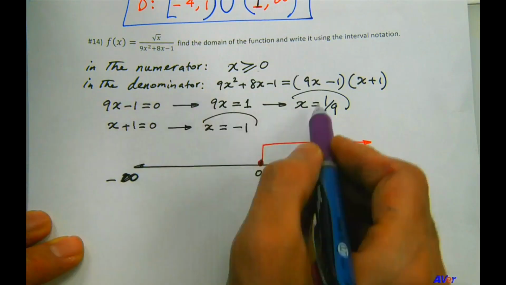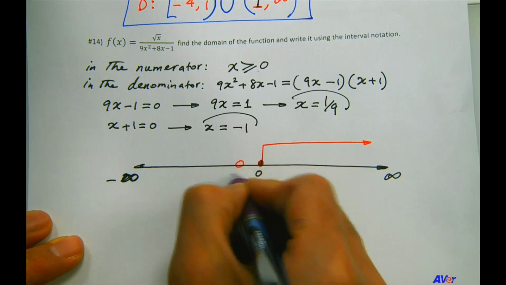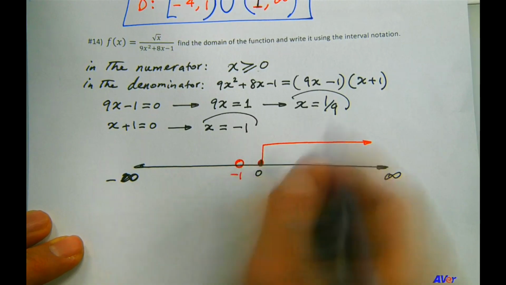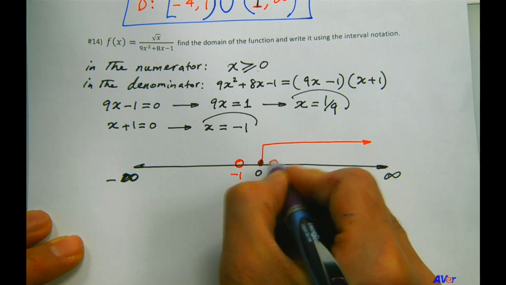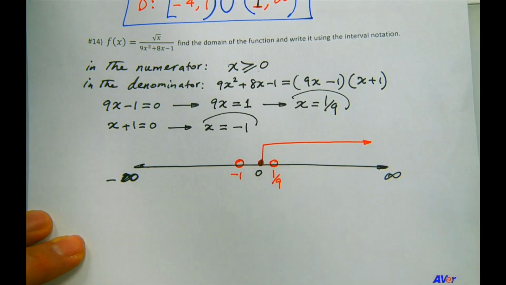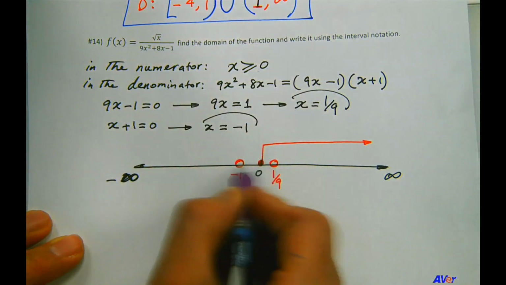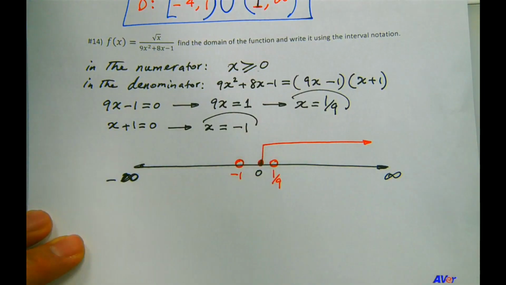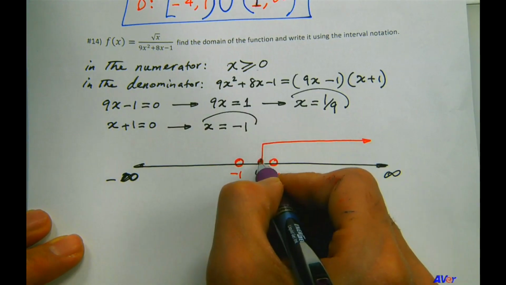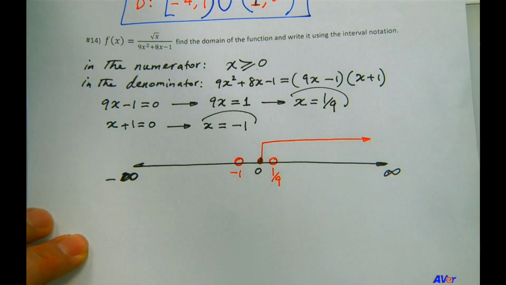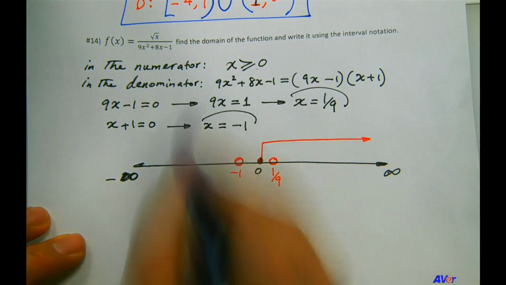From the denominator, we learn that negative 1 is not a solution. x equals 1/9, let's say here, also not a solution, but everything else is. So the denominator is saying just take out those two values and you're okay. But the numerator says no, only these values are the solution, anything equal to 0 or larger than 0. So we need to find where the domain satisfies all these conditions.